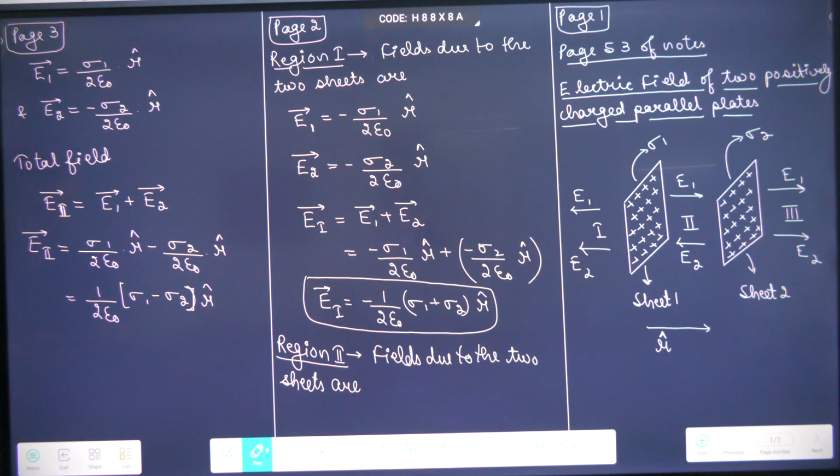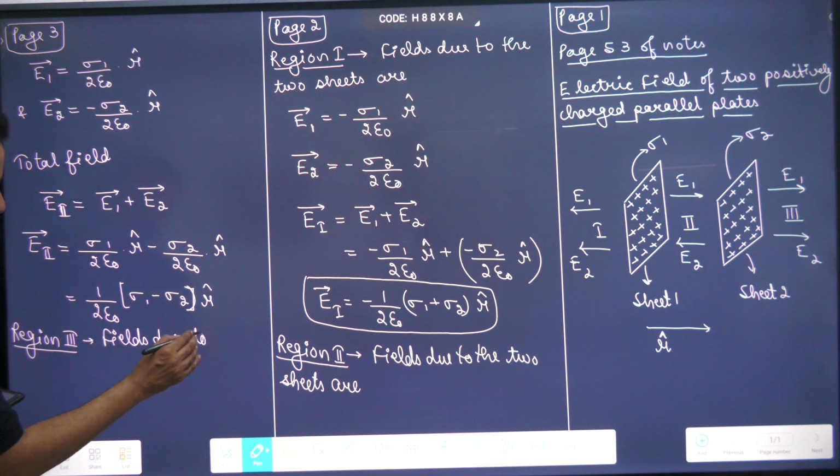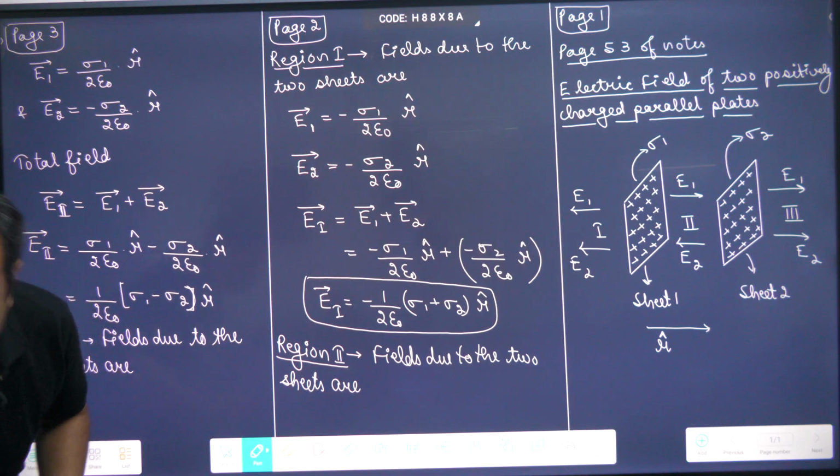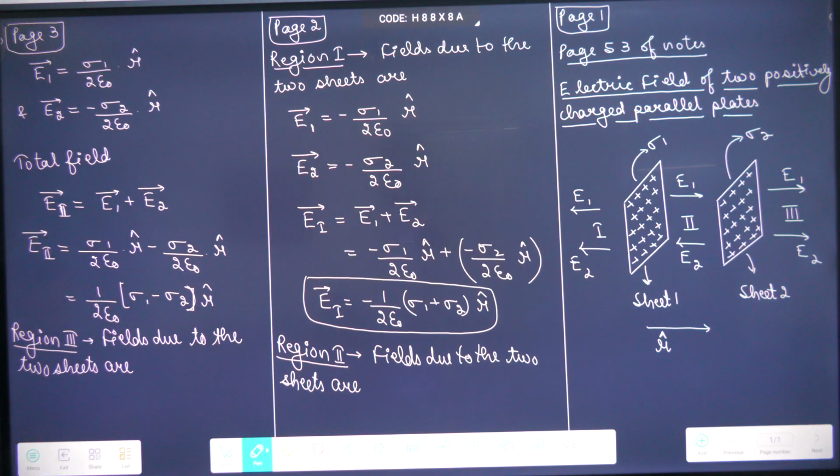Next, region third. Fields due to the two sheets are E1 vector.